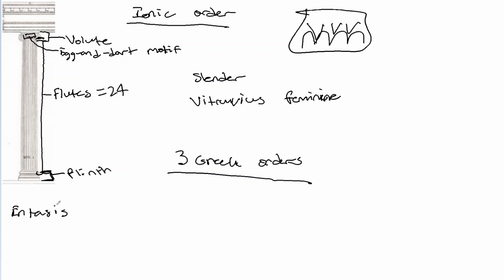Now, what is entasis? Entasis is basically a mathematical concept that the Greeks implemented into the shaft of their orders. It's hard to see from this image, but they added a bit of curvature into the pillar, which adds a decorative effect.